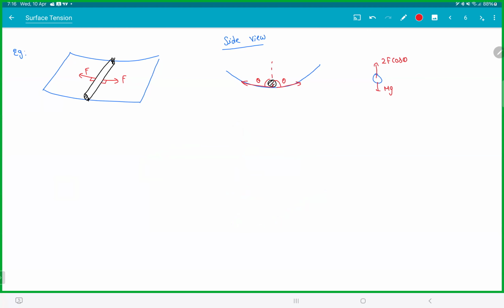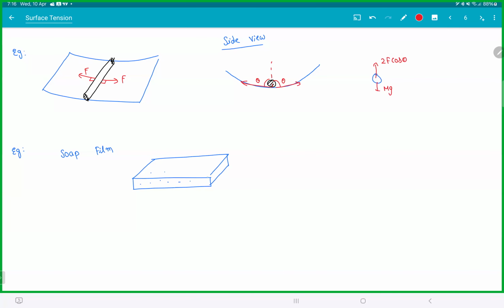So if I take one more example, let's say if you have a soap film, remember surface tension is a surface phenomenon.